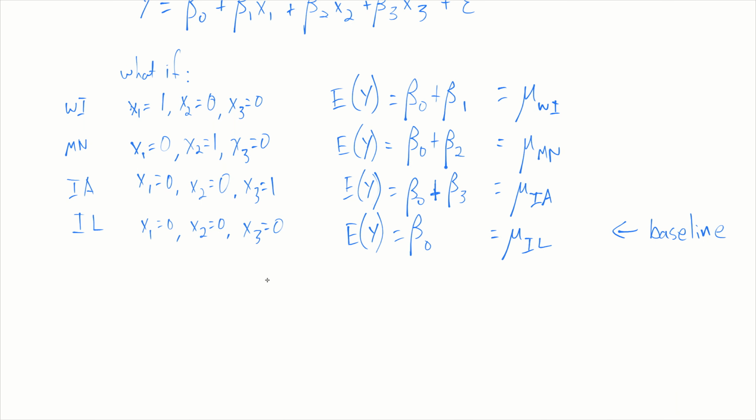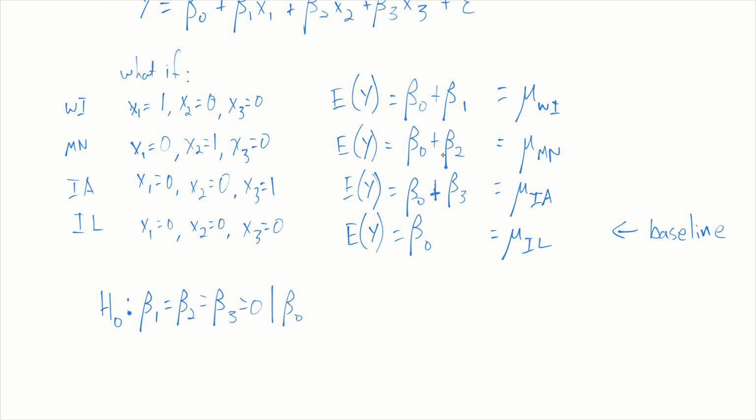So imagine if we test these hypotheses, right? What if we test this hypothesis that beta 1, beta 2, and beta 3 are all equal to 0 given the intercept, beta naught.